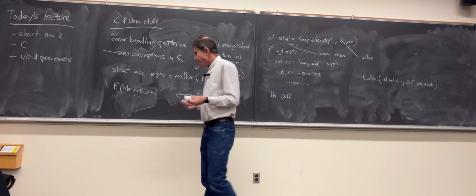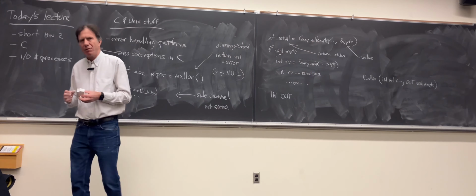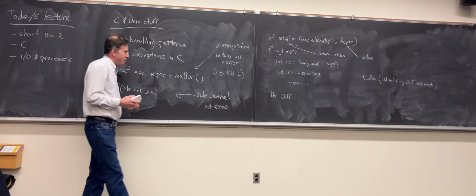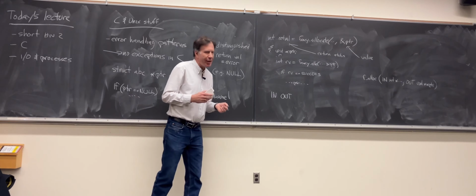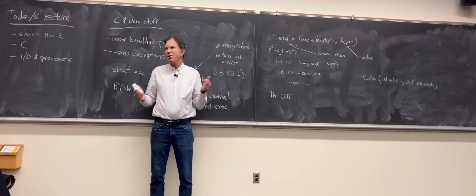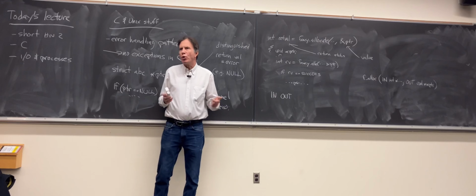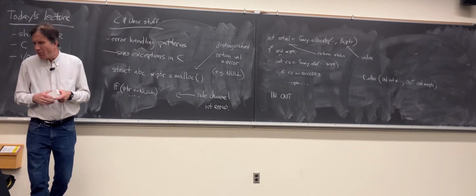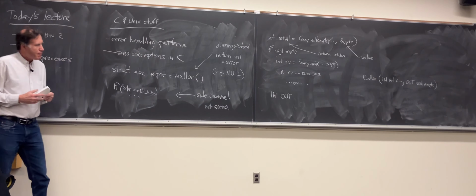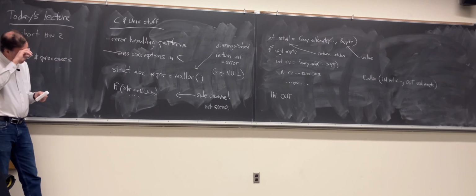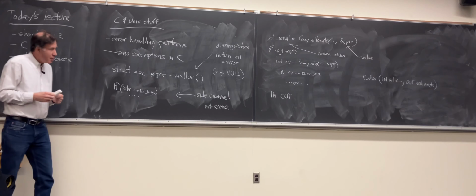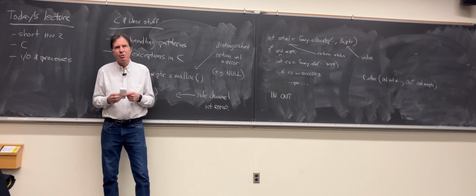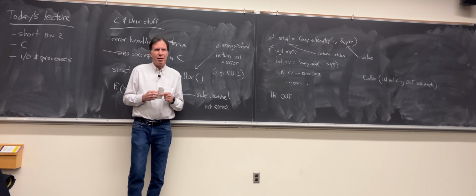Now, you can probably get through an undergraduate CS degree without ever writing code that does a lot of error checking. But in general, production code needs to do something about errors.